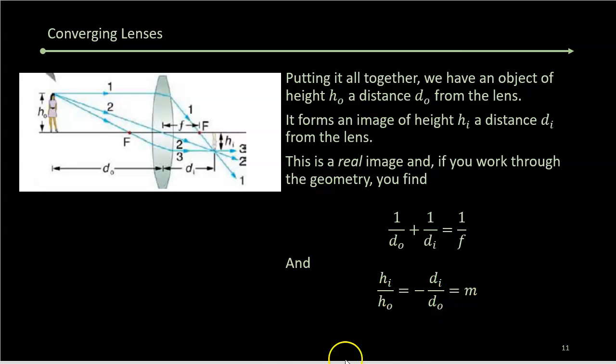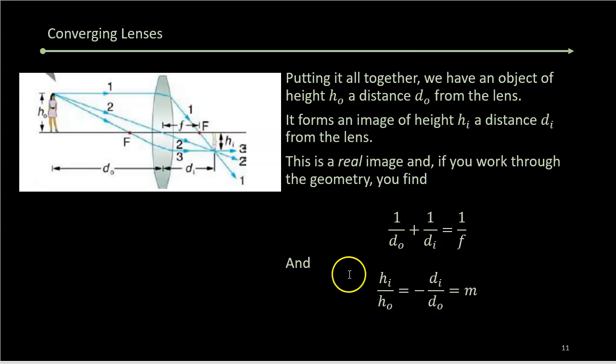Now, why is this negative sign here? Well, if you use a converging lens, like the projectors in a classroom that project onto the board, the image is upside down from the object. And so the magnification, M, is negative simply because it's flipping it upside down.